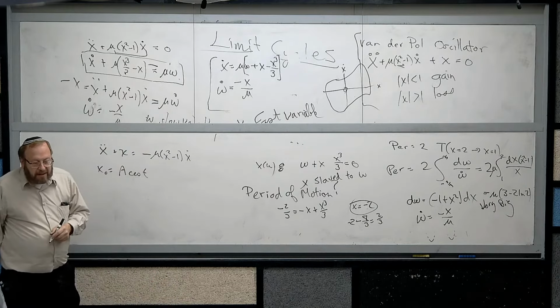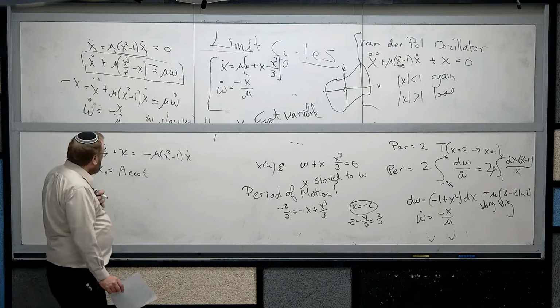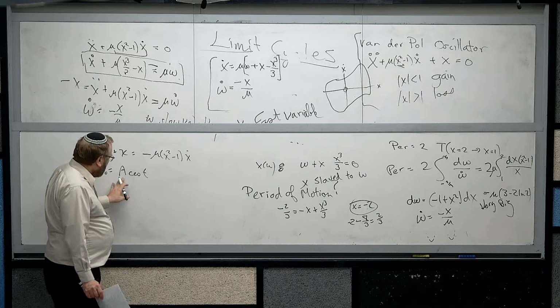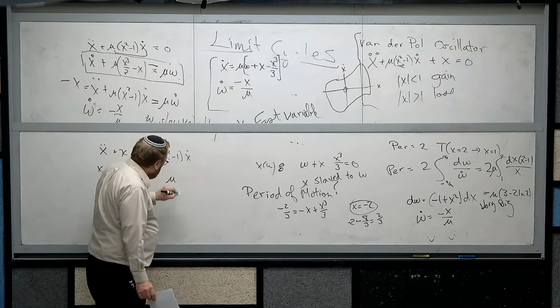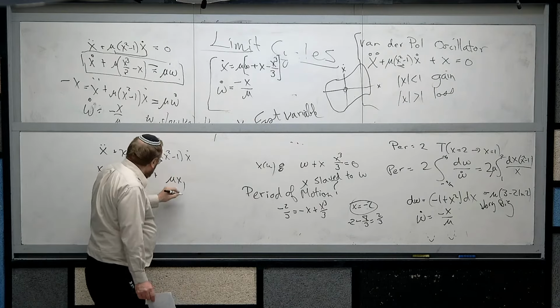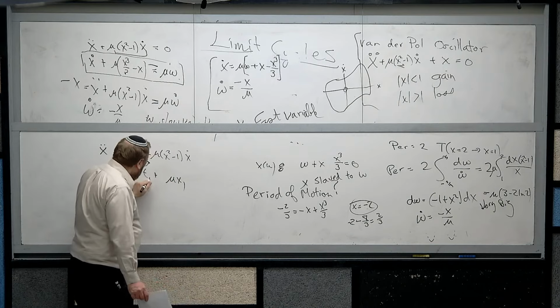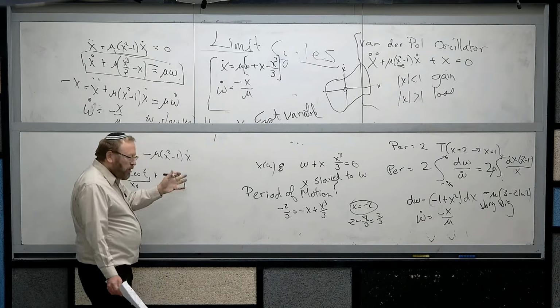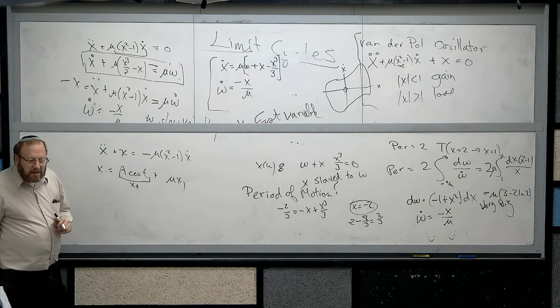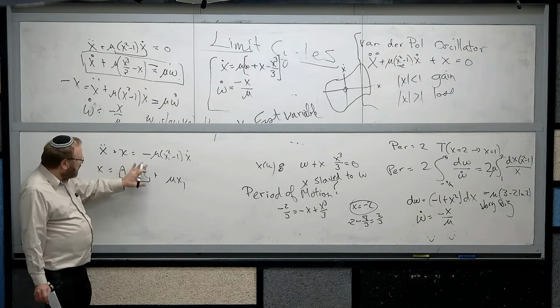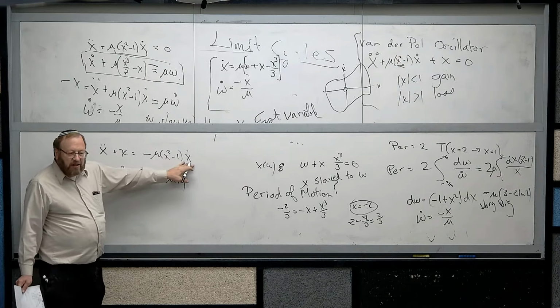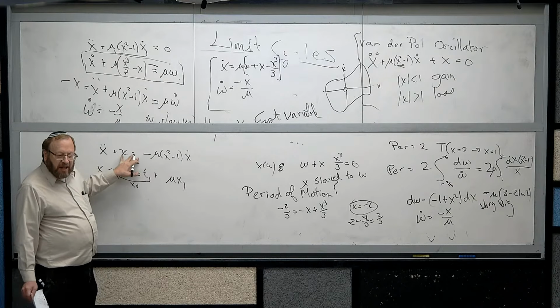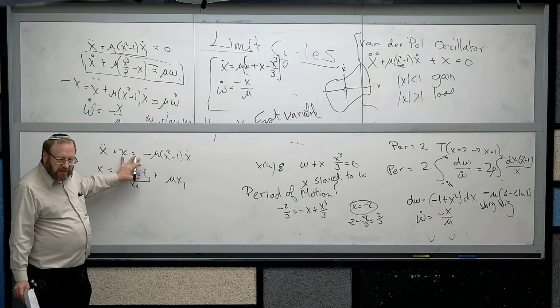And now plus order mu. So x equals x naught plus mu x1. Because this satisfies that part to leading order, and this is a perturbation which drives it, I can think of this as a driven oscillator.